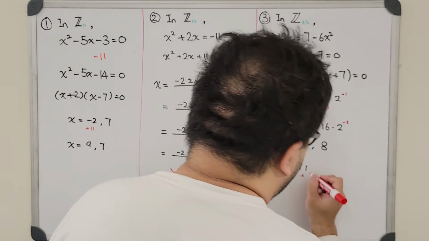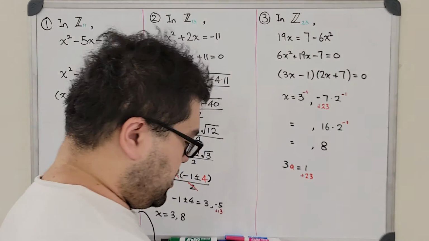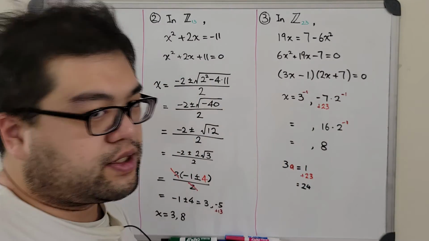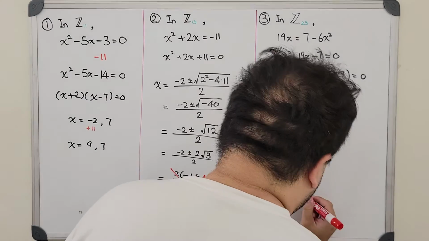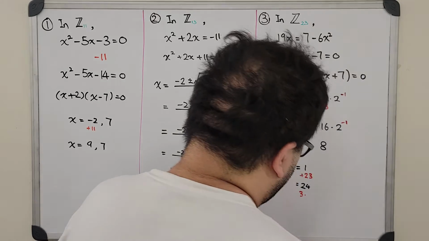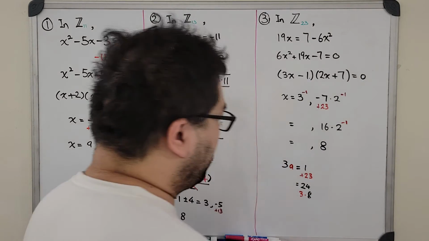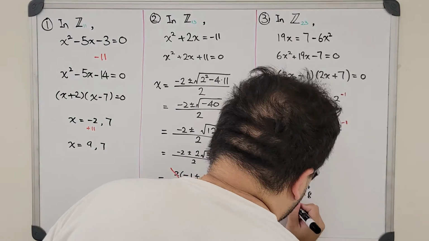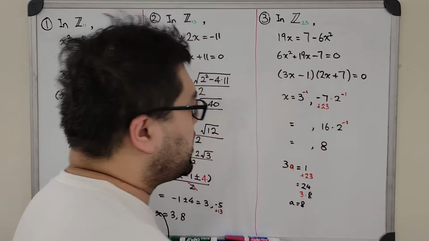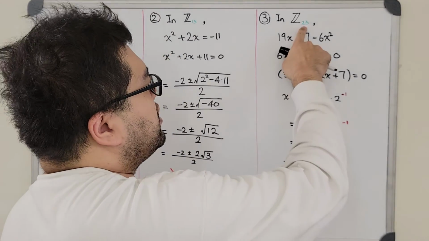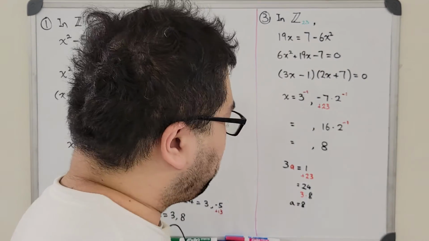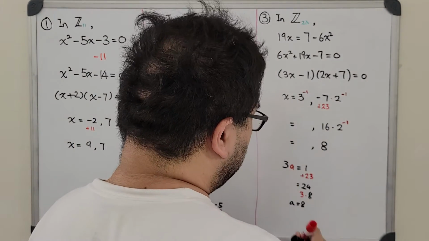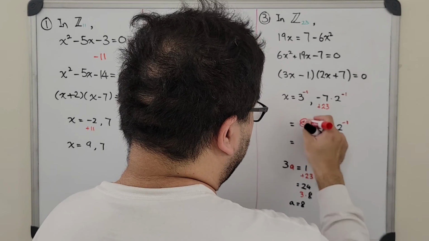So in this case, let's try to add one copy of 23. This will give us 24, and we know that 24 is 3 times 8. Therefore, we know that in this relation, a has to be equal to 8. And again, it only works when the green number here is actually a prime. So, in fact, 3 inverse is just equal to 8 here.